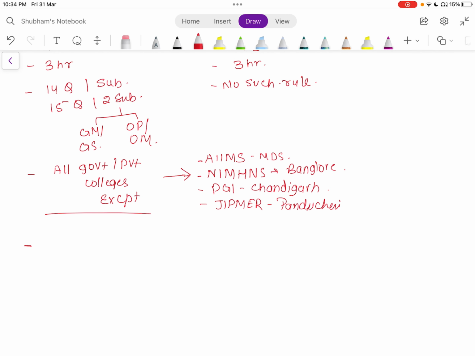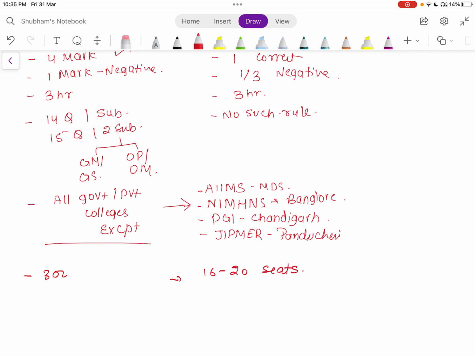In this, you will also have limitations, as seats are very limited in AIIMS. You will have around 16 to 20 seats. But in NEET MDS, you will have around 300 to 500 government seats.